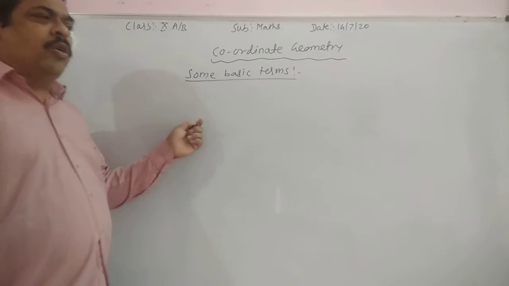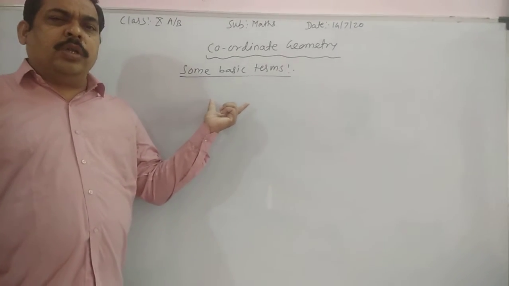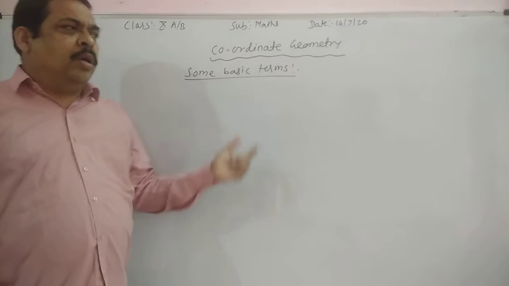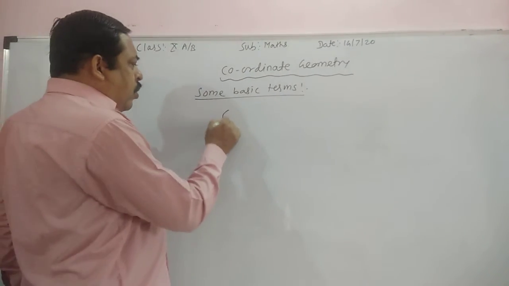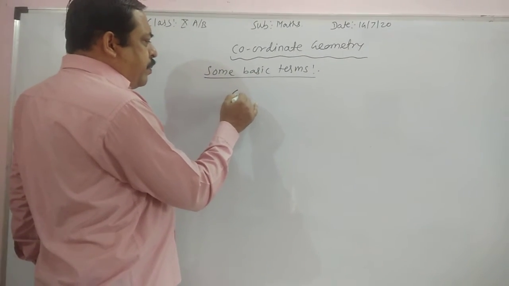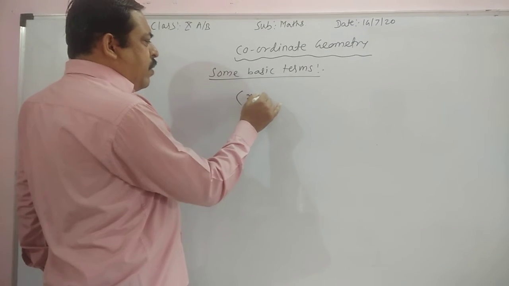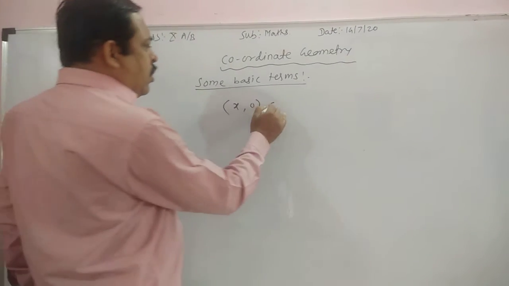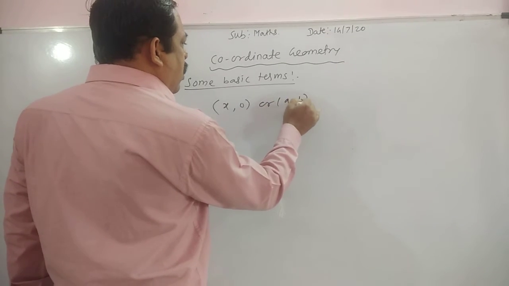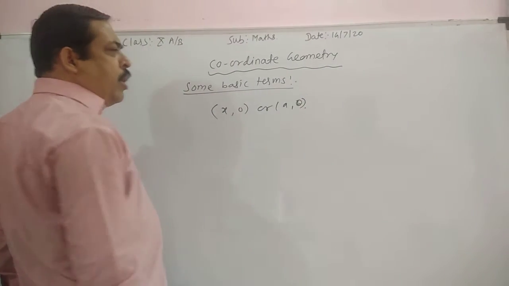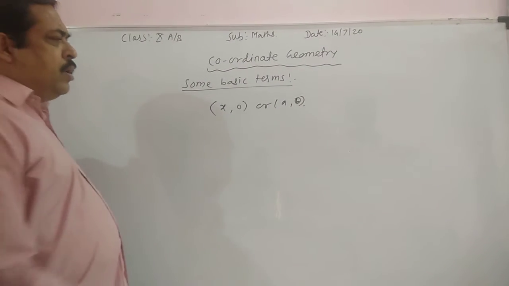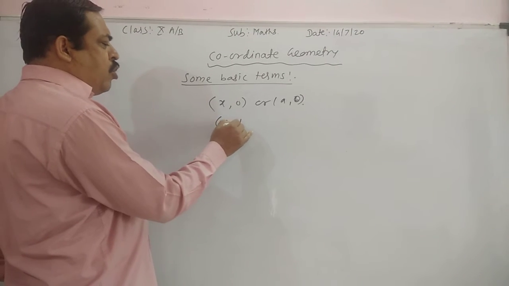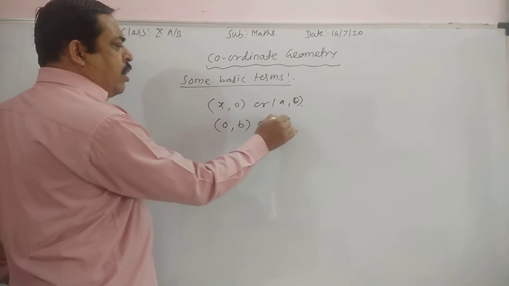If the point lies on the x axis, then its coordinates are of the type x comma 0, or a comma 0. And if the point lies on the y axis, then its coordinates are 0 comma b or 0 comma y.